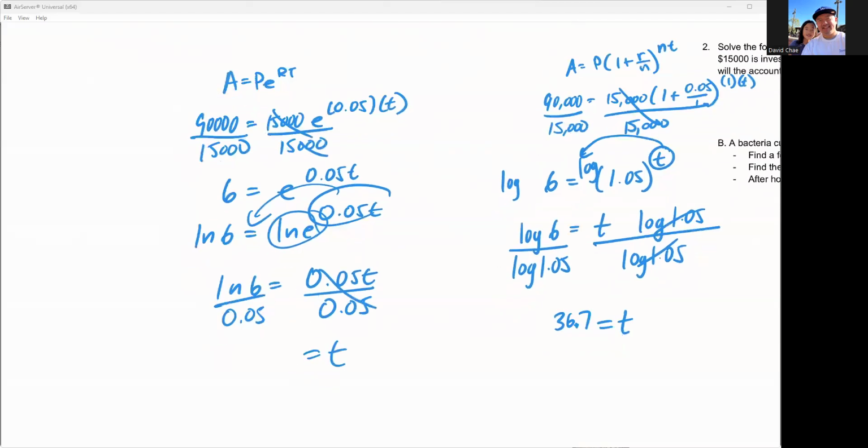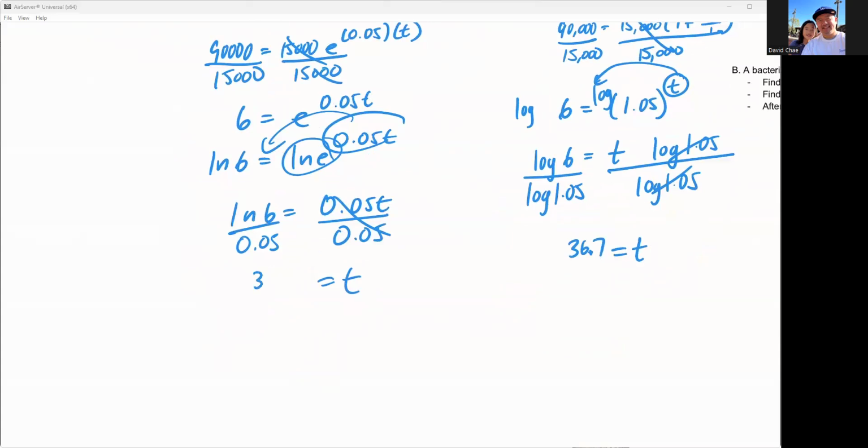And that is equal to about 35.8. Maybe you might want to just put this to the nearest tenth of a year. But again, look at the answers. They're almost the same, okay? They're pretty similar.